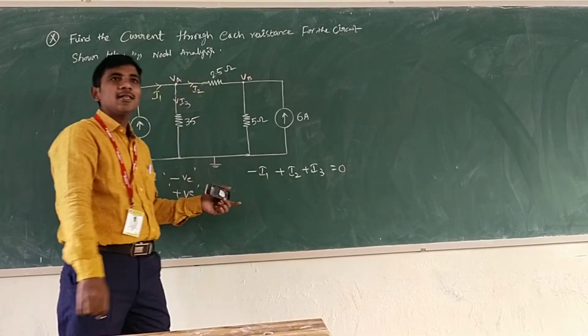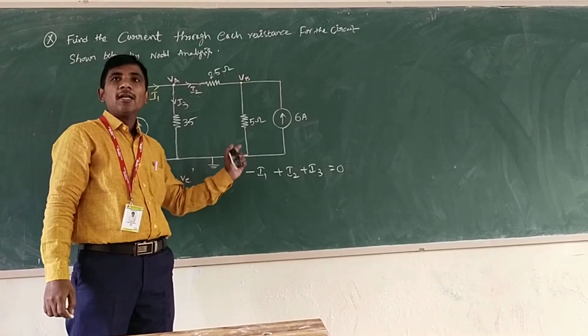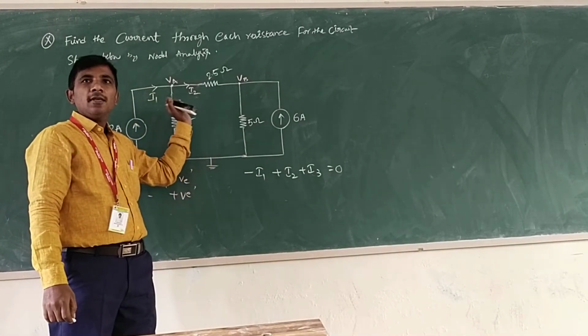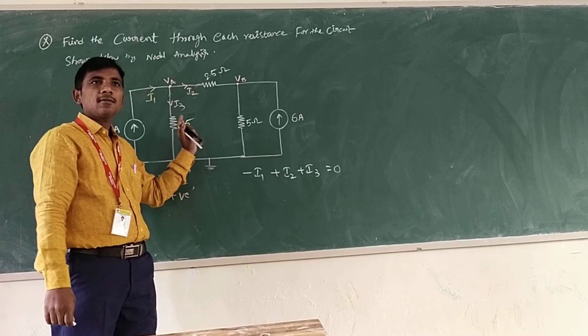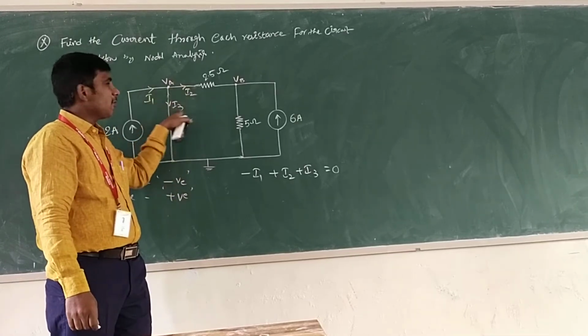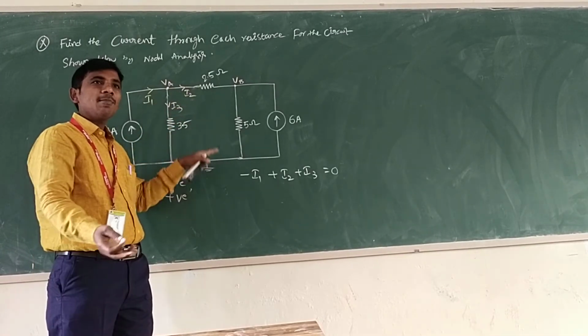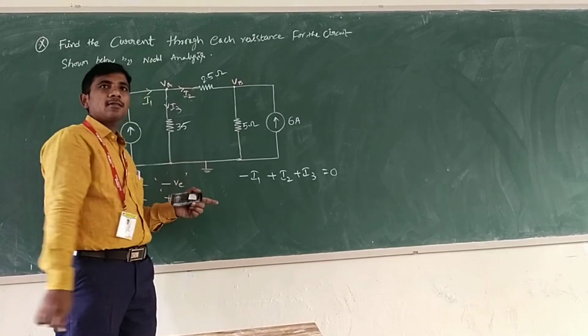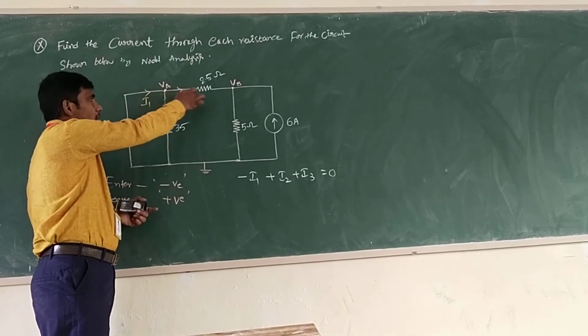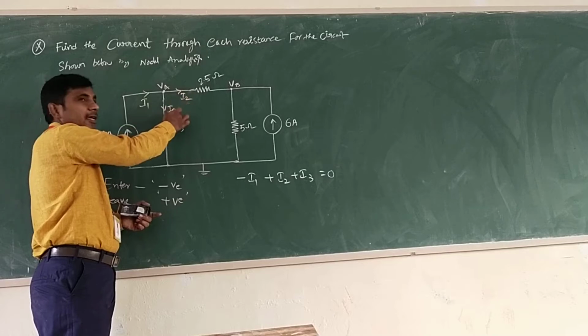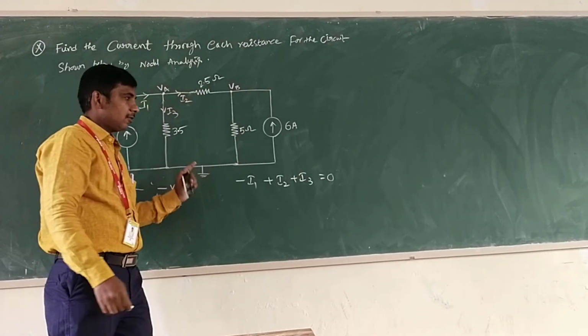Kirchhoff's current law says that the algebraic sum of total currents at a node point equals 0. Or the sum of incoming currents equals the sum of outgoing currents. I1 equals I2 plus I3. That also you can apply.